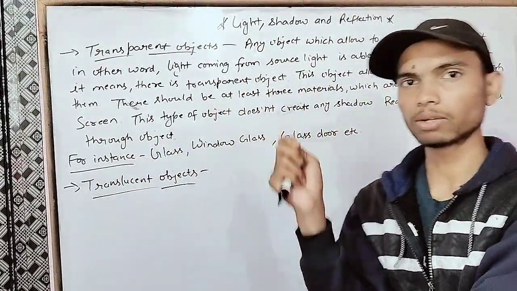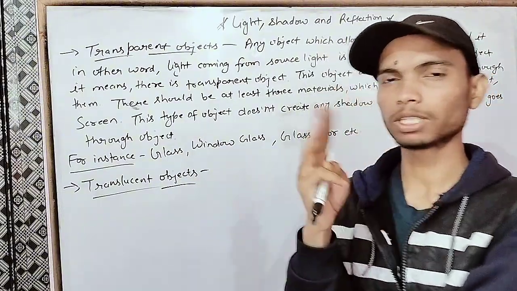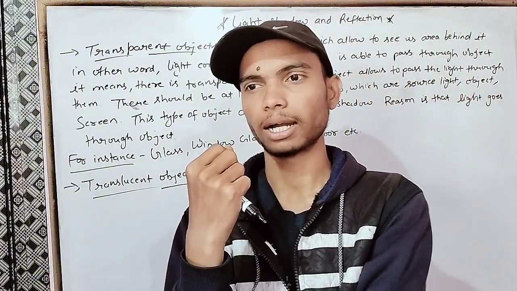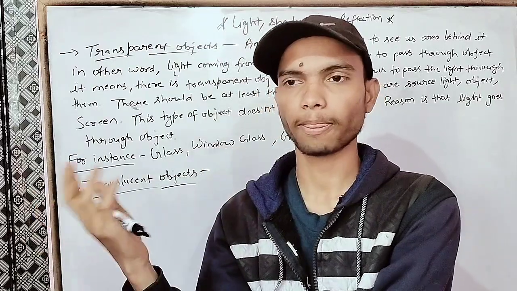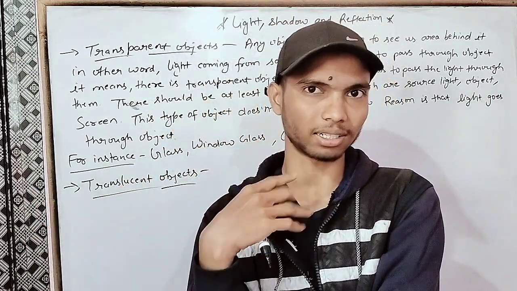Okay, and the condition was what? There should be three things, at least three things. I say all the time there should be two things, but at least three things.